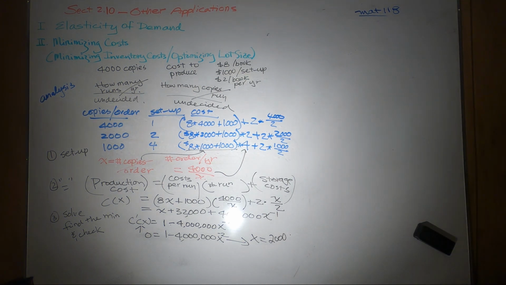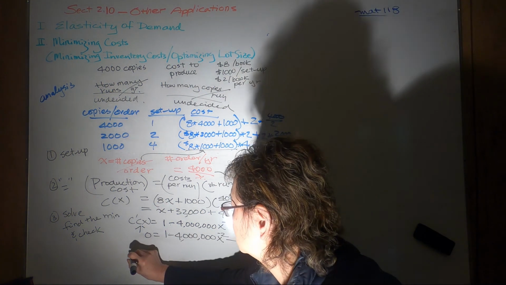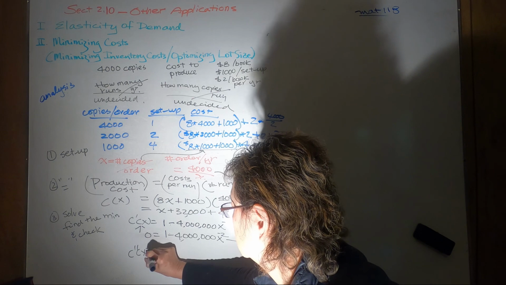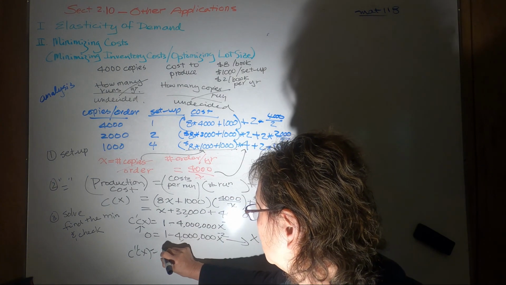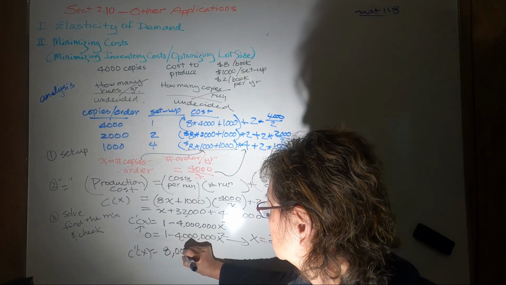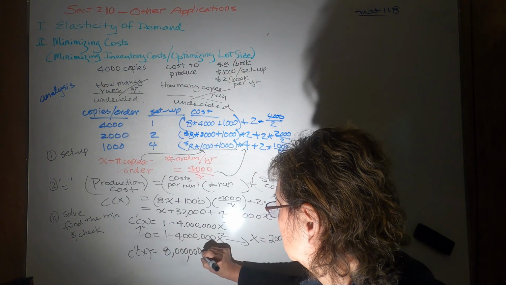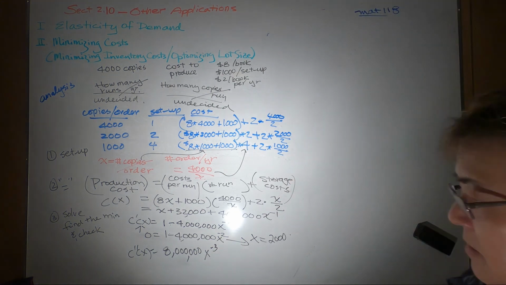Okay? Then how do you know it's a minimum or maximum? So you need to do C double prime X. Take the derivative of this would be negative 2 times that would be 8,000 million, X to the negative 3, right?